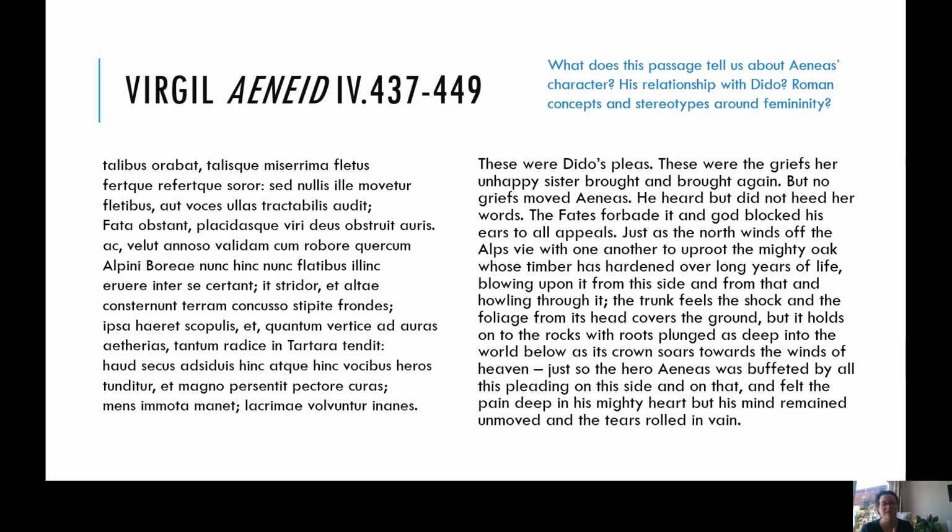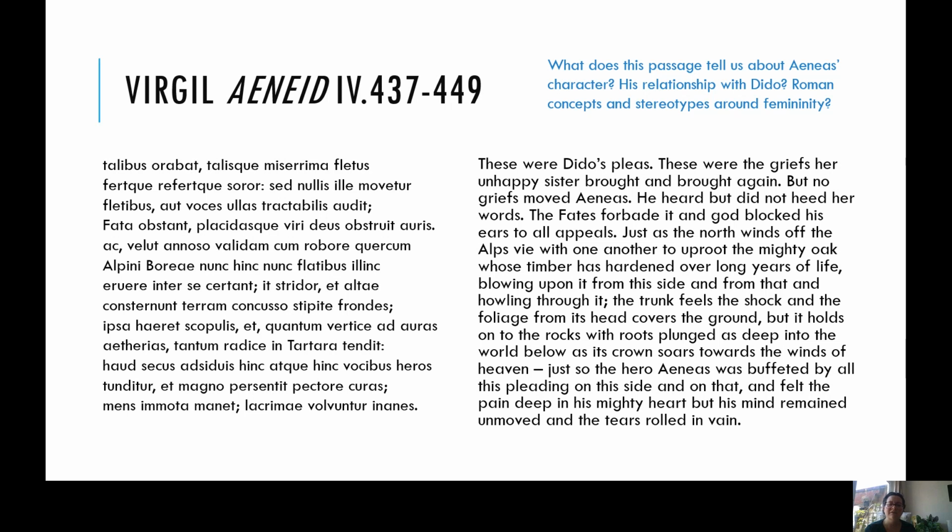They keep trying to bring this to his attention. Sed nullis ille movetur, but he is moved by none of it. So he seems possibly cold. The alternative to that is that he's very controlled, that he's holding everything in.